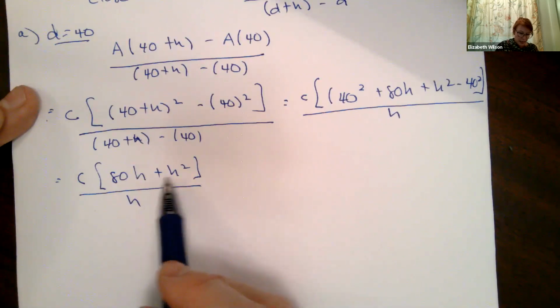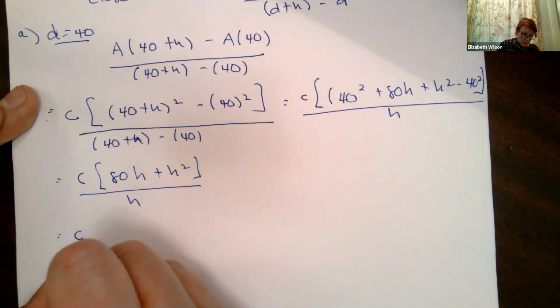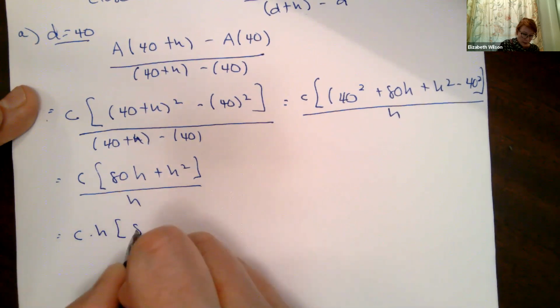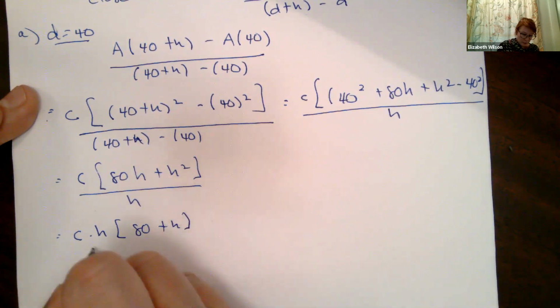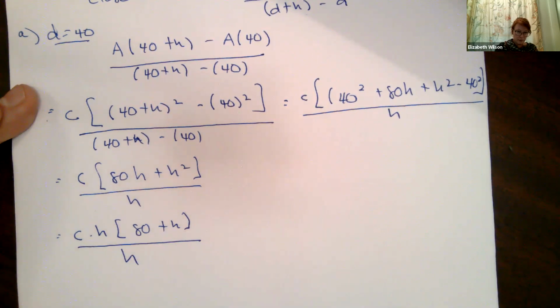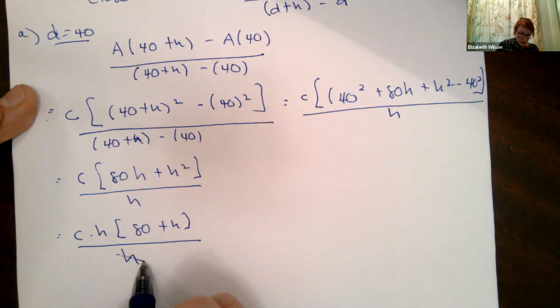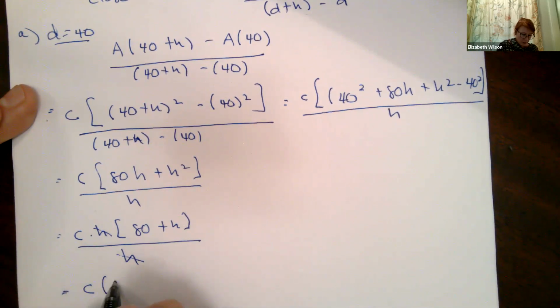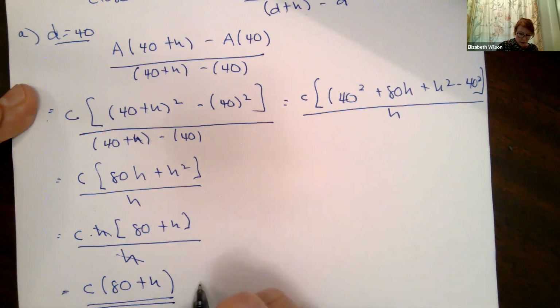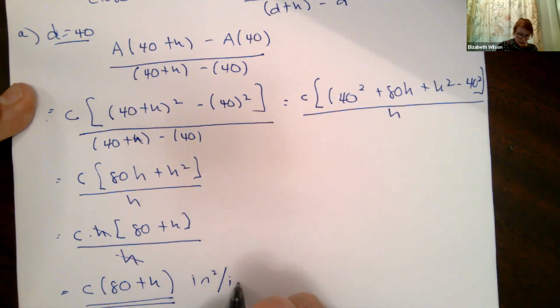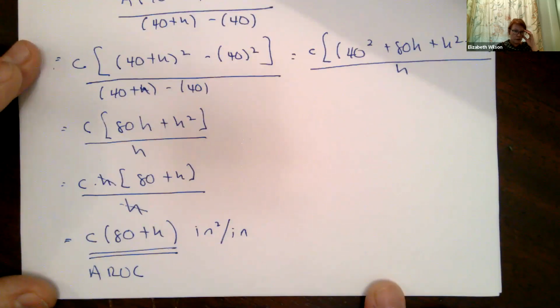I'm going to factor out an h here, so I get C times h times 80 plus h, all over h. The h's are going to cancel, so I get C times 80 plus h. And this unit is inches squared per inch. This is our average rate of change.